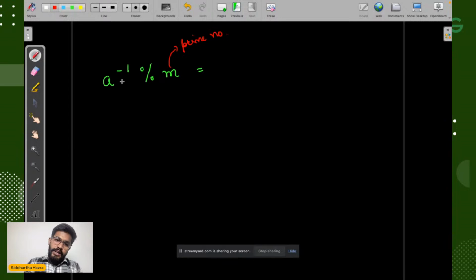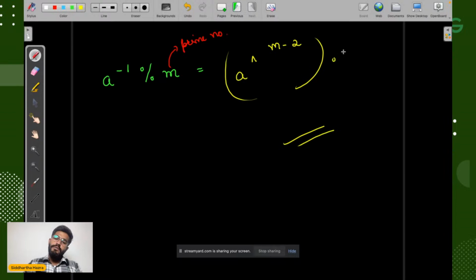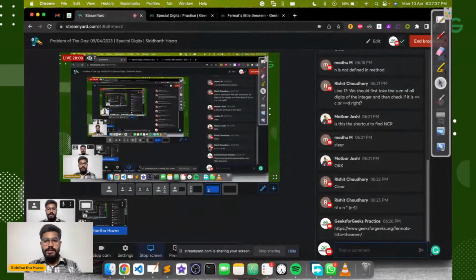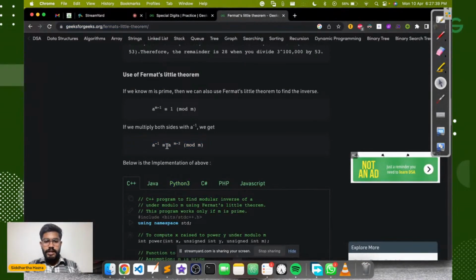So if we want A inverse modulo a prime number M, then the value of this would be A to the power M minus 2 modulo M. I'm just telling you this: A to the power M minus 2.